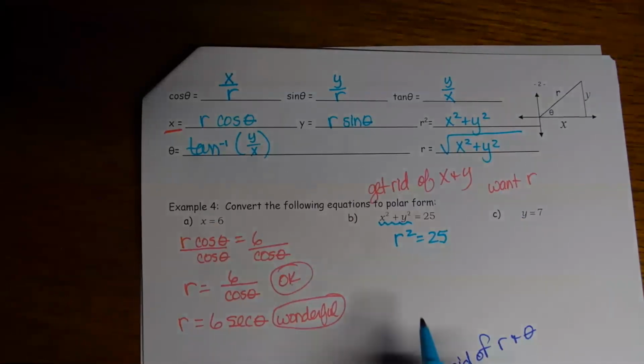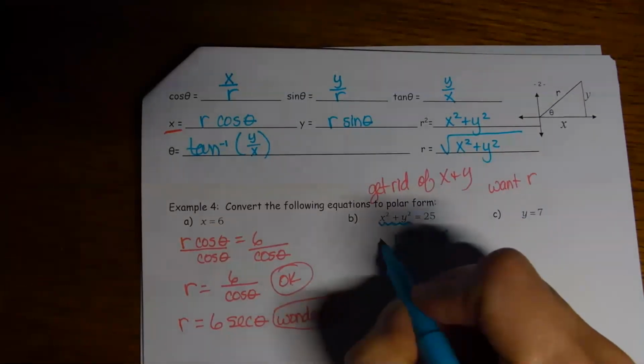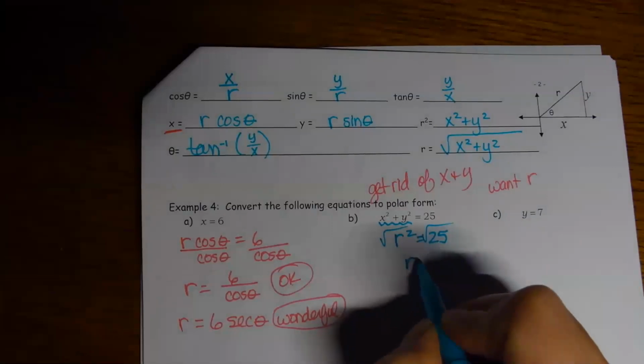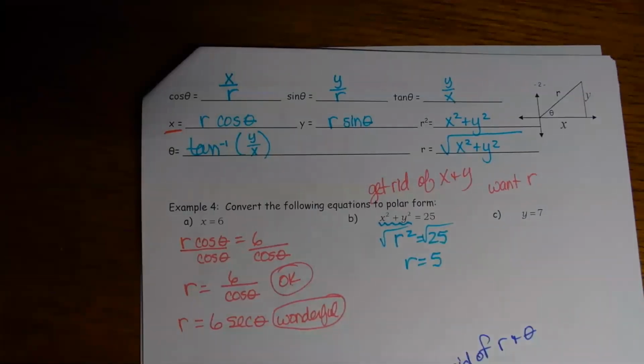You know it was. And when you have an equation and it's r squared, what does it really turn into? What's the square root of r squared? We don't really need to write the plus or minus with this because that's the radius.